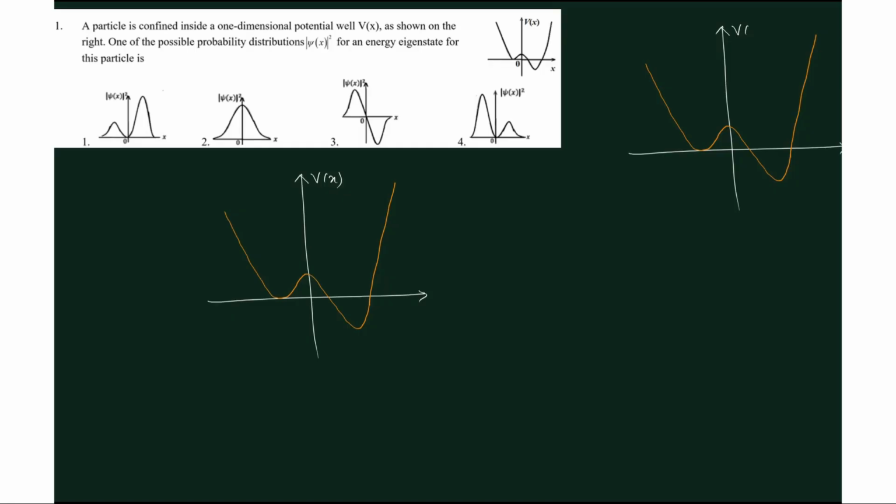Here they have given a potential curve and they are asking for the probability distribution. First, let us assume this is the particle's energy, say E, and this is region 1 and this is region 2.